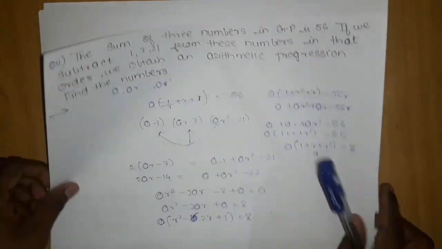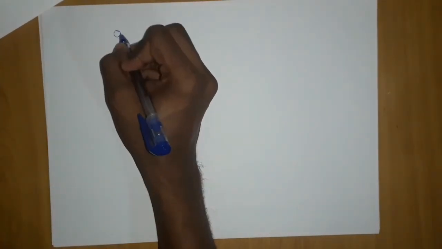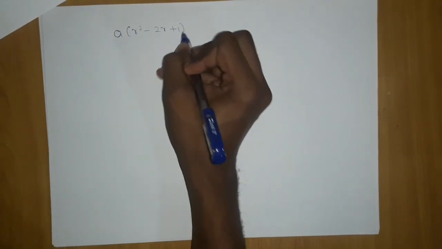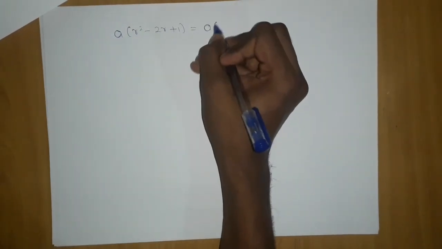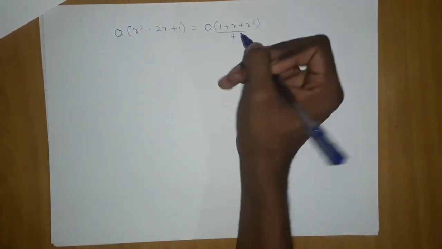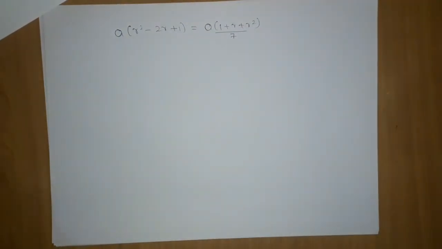So I will equate this, which gives me a into r square minus 2r plus 1 is equal to a into 1 plus r square by 7. This is equal to this.